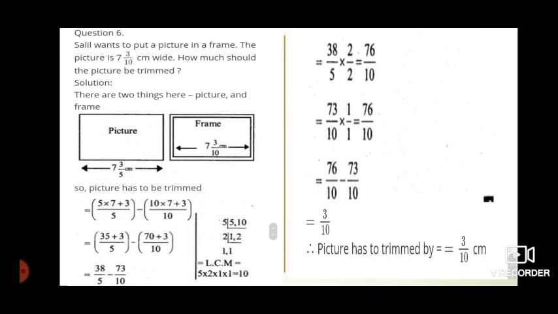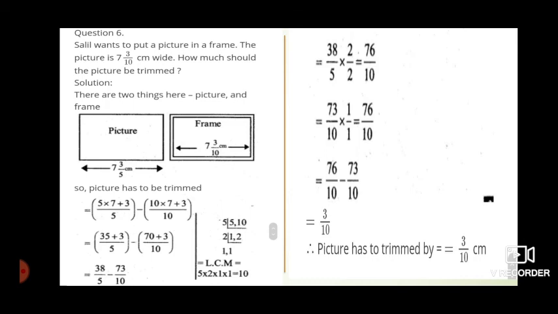Here you can do directly also, children. Both have different denominators. To get the same denominators, directly we can see that 5 is one of the factors of 10. So to get 10 as a denominator, for 5 multiplying with 2 is enough. So 38 by 5 into 2 by 2 is equal to 76 by 10, and for 73 by 10 no need to do anything.